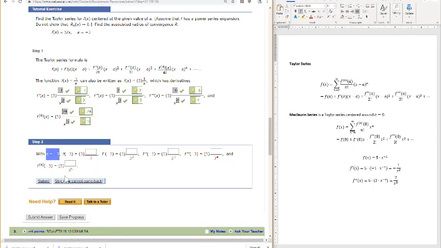Now with a equal to negative 3, we want to put negative 3 in for x. So when we put negative 3 in for x, what are we going to get here? In our original function, the 5 is out here, and x is going to be negative 3. And so this is going to give us a negative 1.